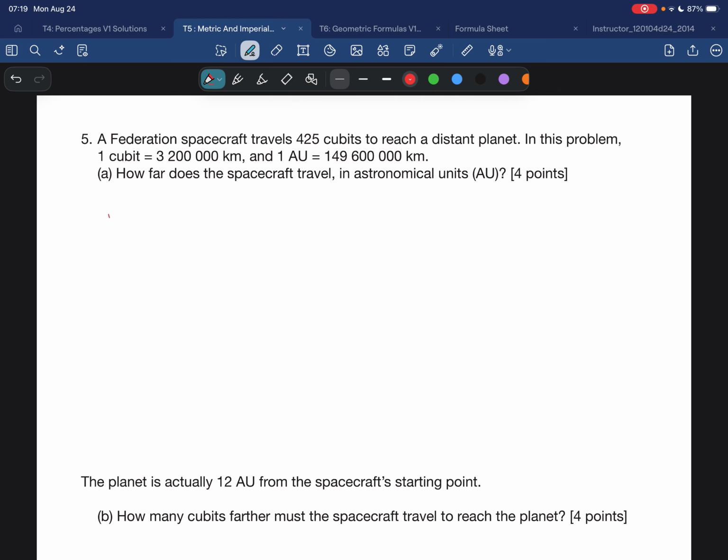Anyway, we are asked to find 425 cubits in kilometers. Now, unfortunately, we're looking for it in AU, astronomical units, but we don't have a conversion directly from cubits to astronomical units. However, we have this middleman step of converting to kilometers first.